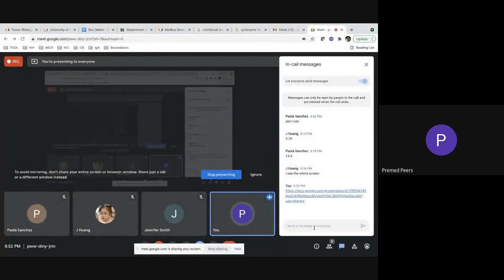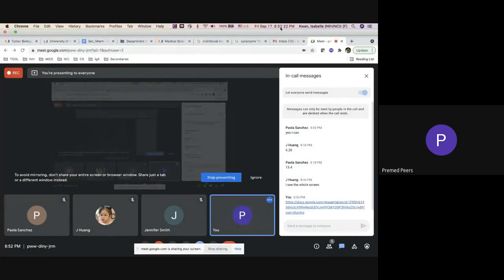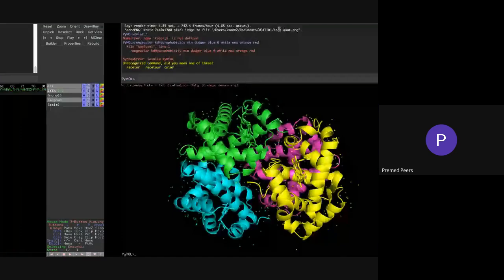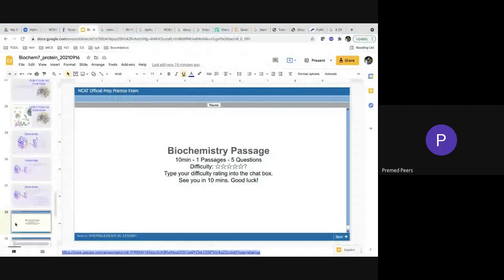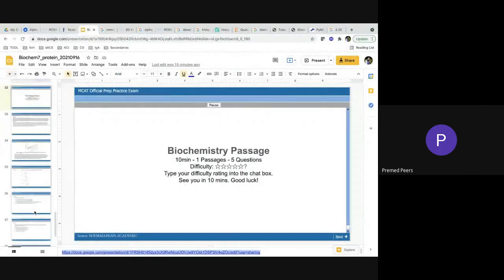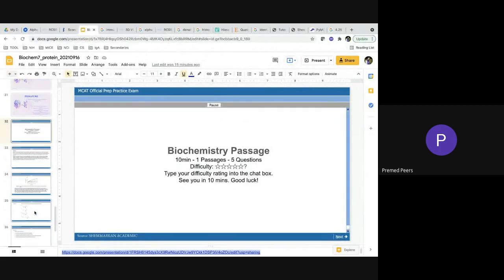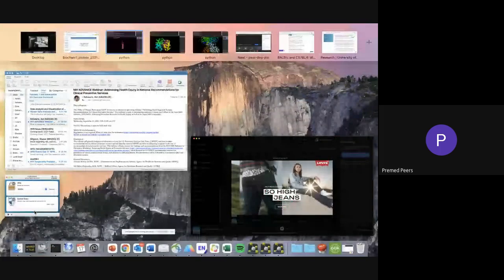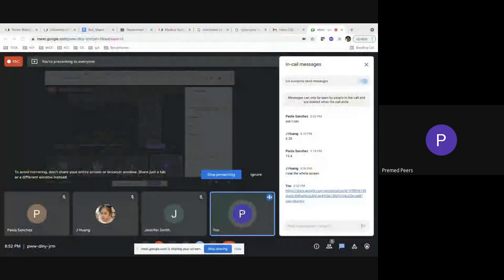Since this passage should be, let me see, I'm going to give you guys up to probably 9 o'clock, and then we can start going over the questions. Do let me know if you have any other questions. You can type it out or let me know, either way is fine. Okay, I will see you guys in a little bit.